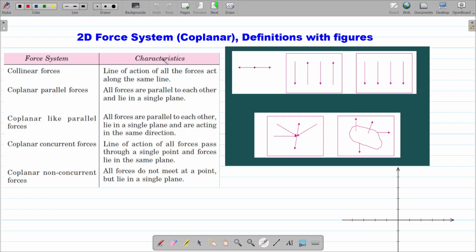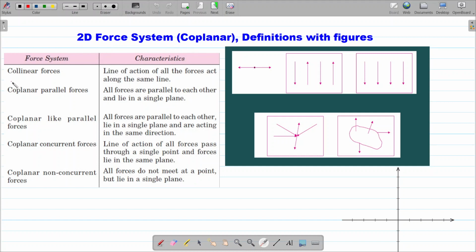In all these subjects, you will encounter various types of force systems, and you have to study them and solve your systems based on the knowledge of 2D force systems. Besides 2D force systems, there is another type, called 3D force systems, which I will discuss in the next video. So now you know why we are studying these 2D force systems.